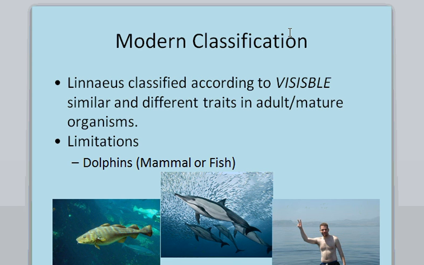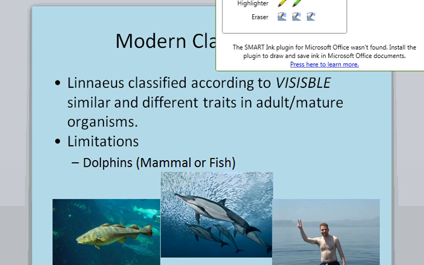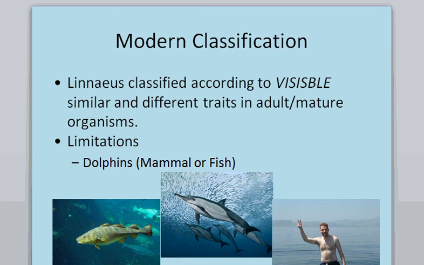What happened with this is that it had limitations. So if we look here at the picture below, we have the dolphins here in the middle. Just visually looking at the dolphins and the fish and then the man in the bottom right, dolphins look visually much more like a fish than the man, okay?